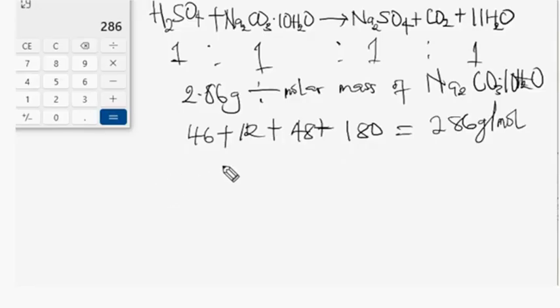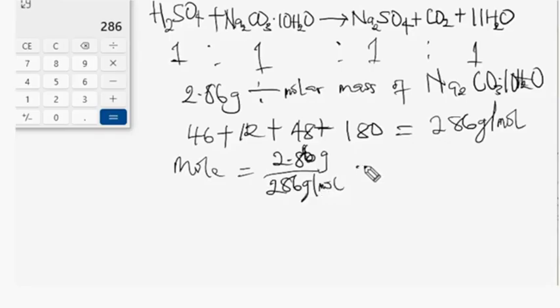Now that we've gotten the molar mass, we can get the number of moles to be the reactant mass, which is 2.86 gram, over the molar mass, which is 286 gram per mole. If we punch this on our calculator, 2.86 divided by 286 will give 0.01 mole.